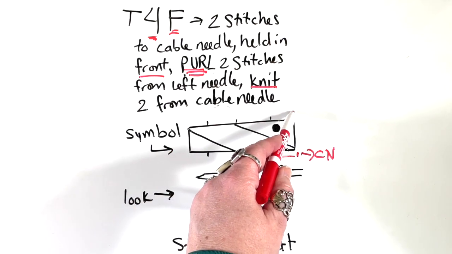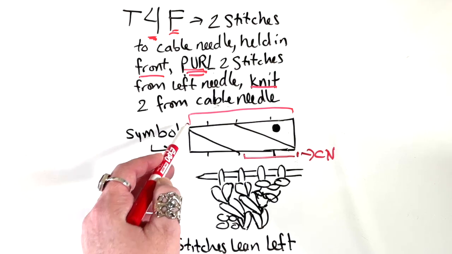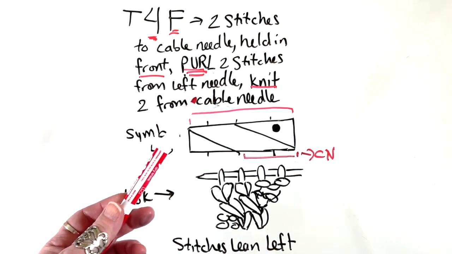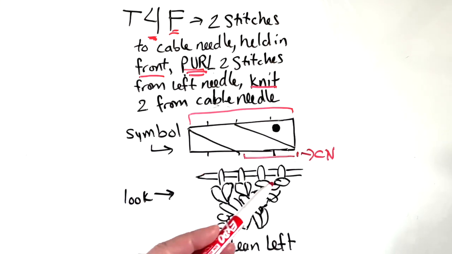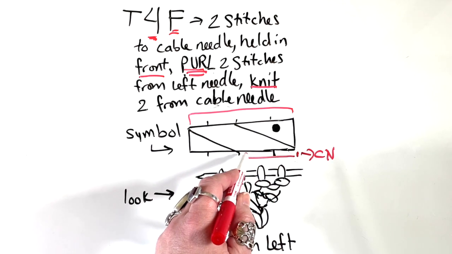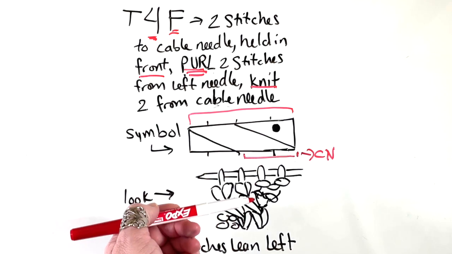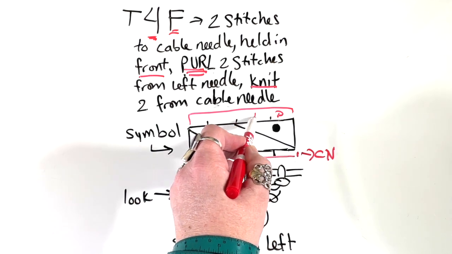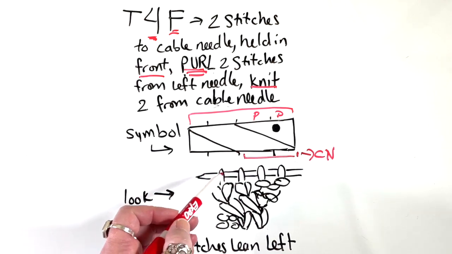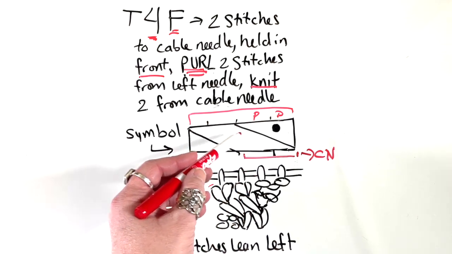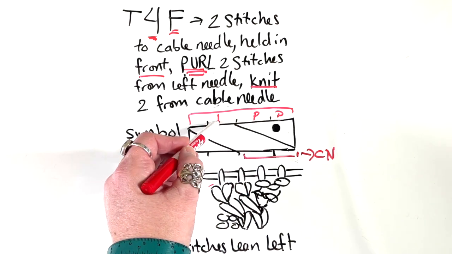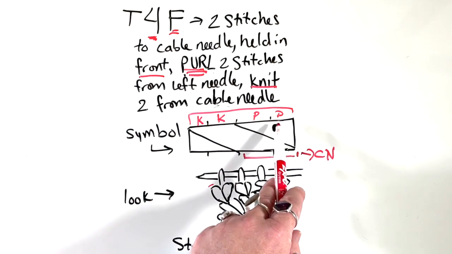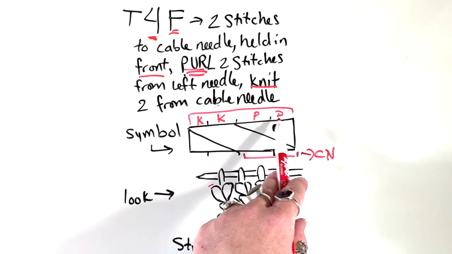The top of this is telling us what to do with those stitches, like how to work those stitches. So 2 stitches come onto the cable needle and they're held in front. And then we're going to purl 2 stitches off of our regular needle. Then we're going to take the ones off the cable needle and we're going to knit those. That dot tells us that that dot is up here.